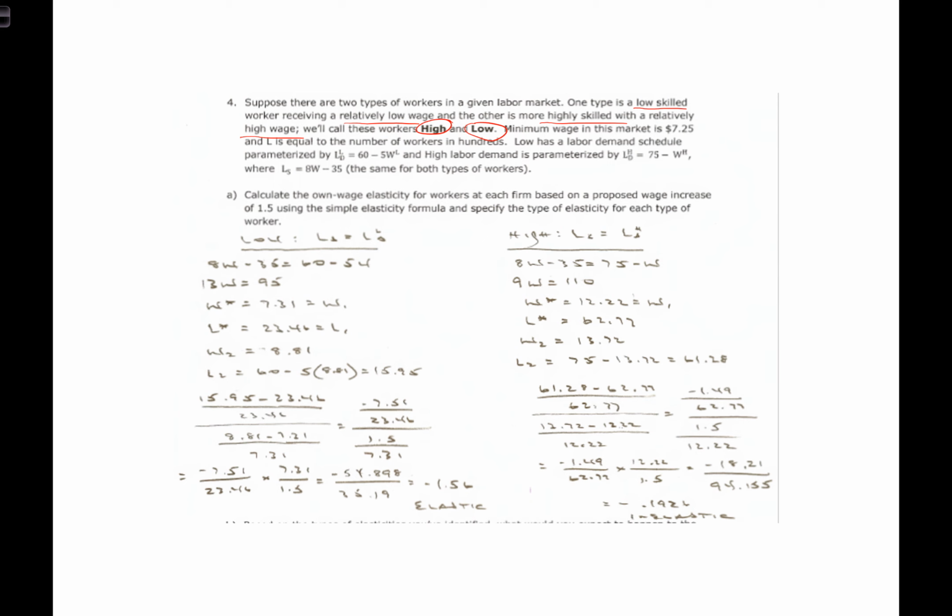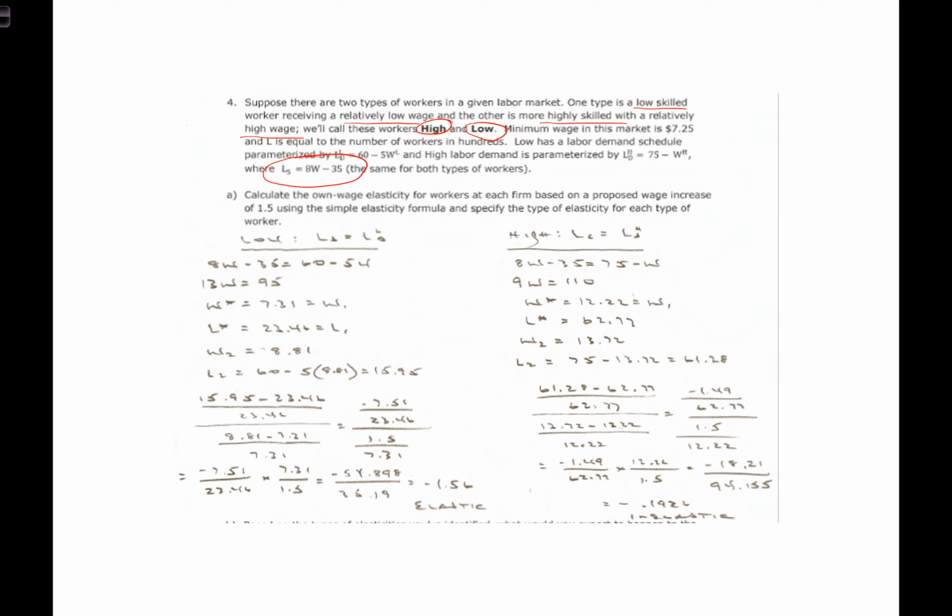Low has a labor demand schedule parameterized by LD low equals 60 minus 5W low. High labor demand is LD high equals 75 minus W high. And labor supply for both types of workers is 8W minus 35, or you might have thought of that as negative 35 plus 8W.